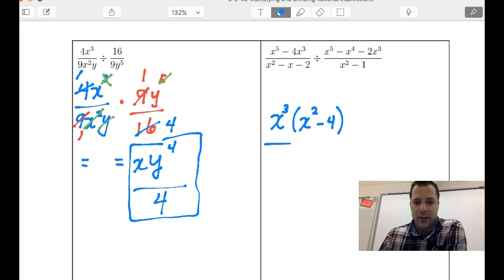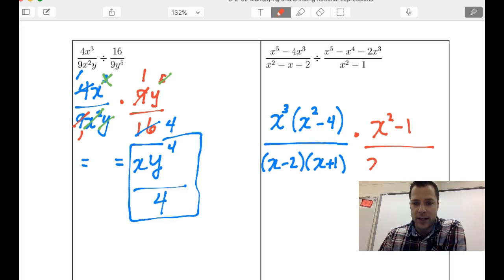We're going to divide that by, well, two numbers that multiply to be -2 and add to be -1 are x minus 2 and x plus 1. Now we're going to multiply by the reciprocal, so we're going to have x squared minus 1 over x to the 5th minus x to the 4th minus 2x cubed.